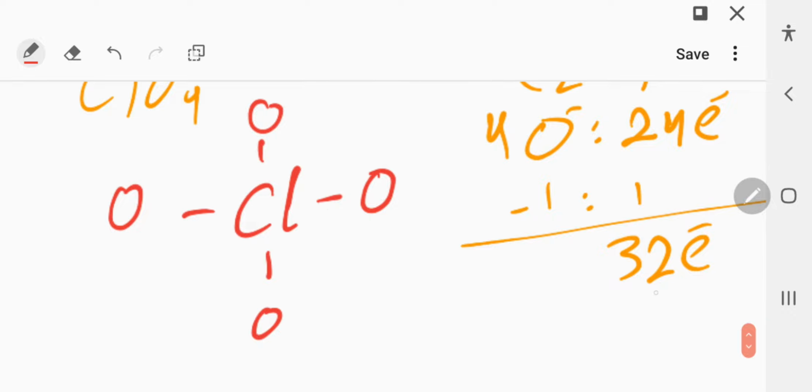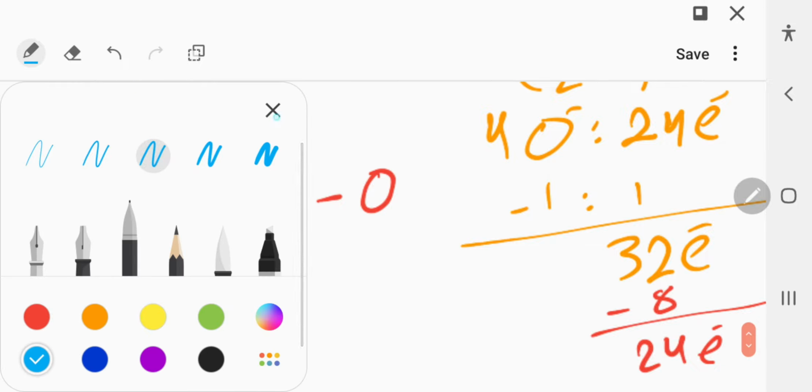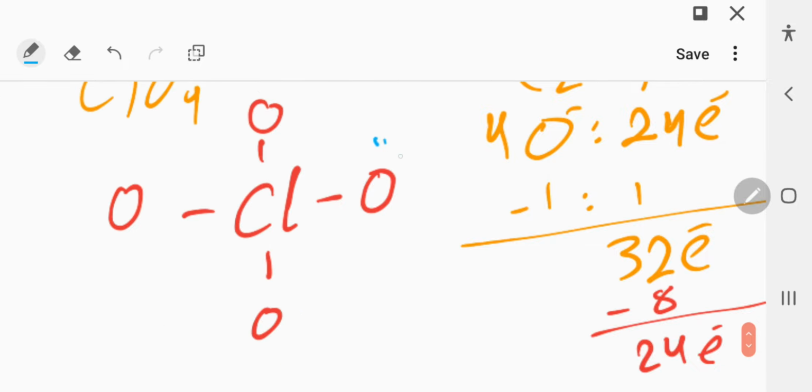Now we have 8 electrons used, so minus 8, 24. Now 24 electrons available, we have to distribute the 24 electrons around oxygen.